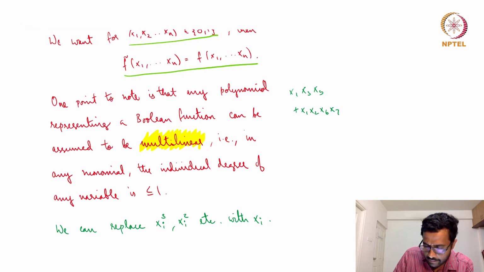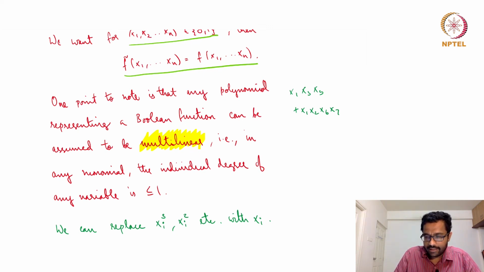So there is no term which has x1 squared or x1 cubed or x3 squared or x7 cubed; all the individual monomials have individual variables. None of them have degree bigger than 1. So the degree of x1 in any term will be at most 1, and so for any other variable. Degree of x2 will be at most 1, x3 will be at most 1, and so on. So every term will be either degree 0 or degree 1 for each variable. That's why it's called multilinear, right?